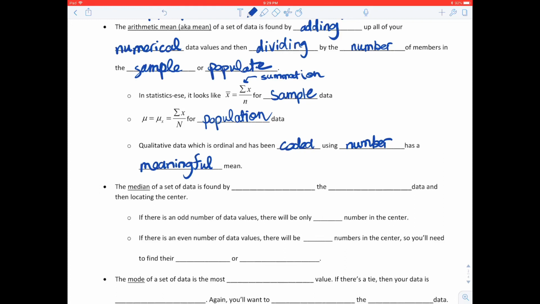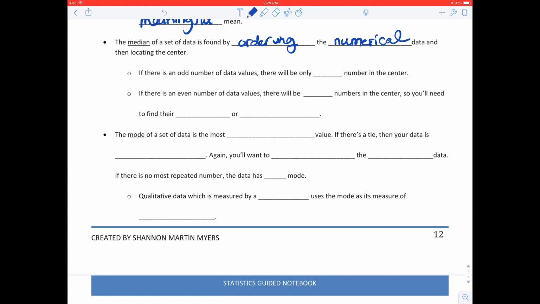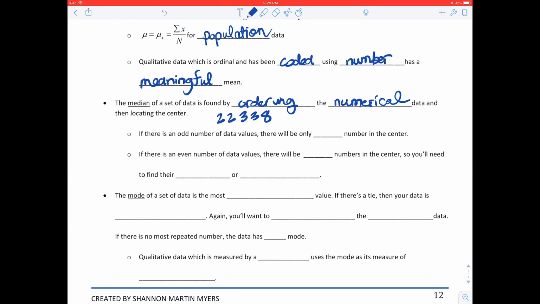Now the median of a set of data is found by ordering the numerical data and then locating the center. So if there's an odd number of data values, like 2, 2, 3, 3, 8, and these are each entries, if you count from the left, you have 1, 2, 3.